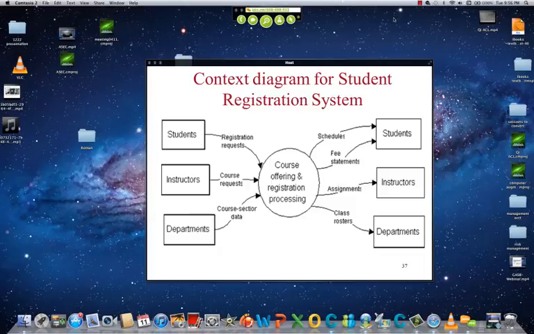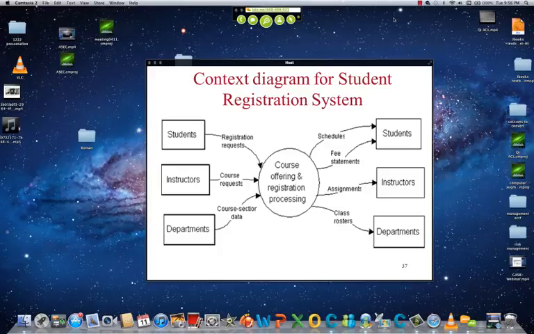In order for students to register, there should be some course offerings, right? So departments provide course offerings, okay? Makes sense. Then they talk about schedules and fees, so you get this from here. It says students get schedules and students get fee statements. Great. Assignments, maybe they made it up, maybe it's here, I don't remember.